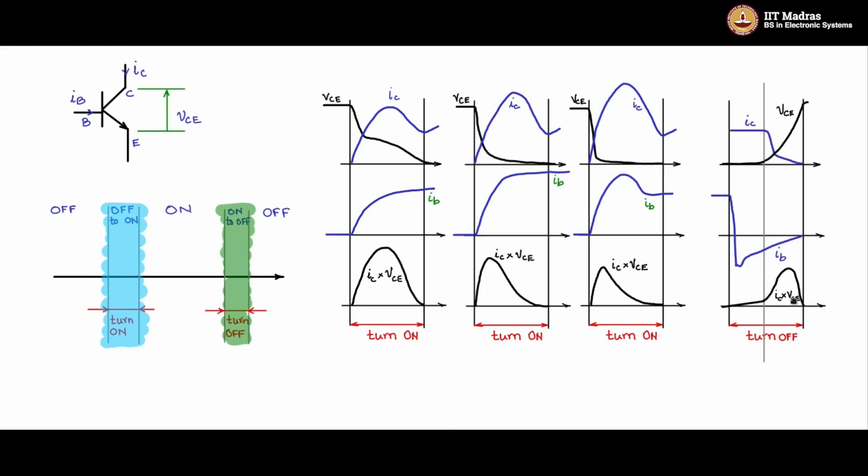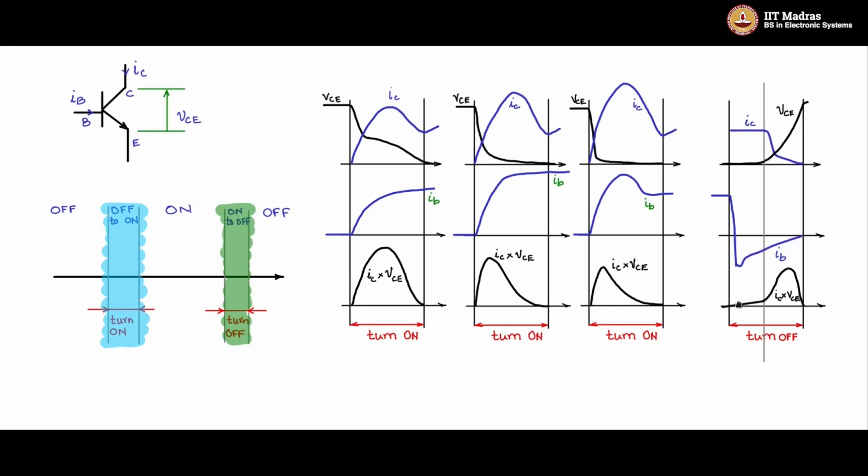So our job is to keep this portion during turn-on as small as possible by providing a turn-on surge base current and then allowing it to settle to the nominal base current. And during turn-off, we need to provide a path for the base current to reverse so that the base charges of the BJT are removed.